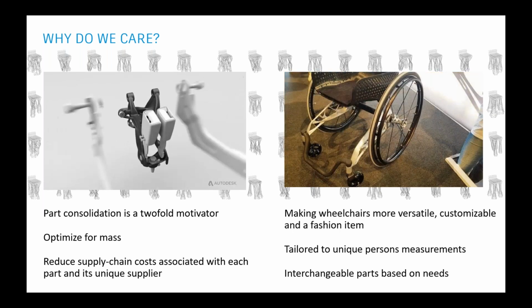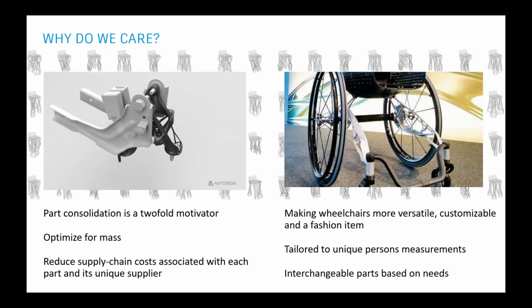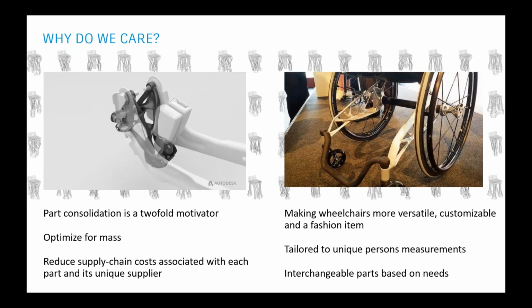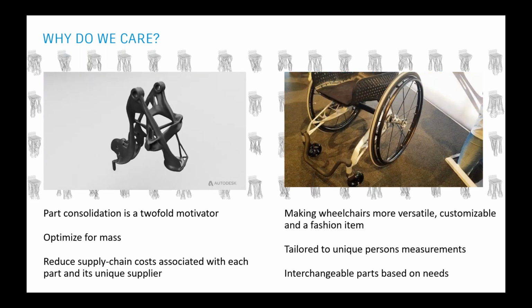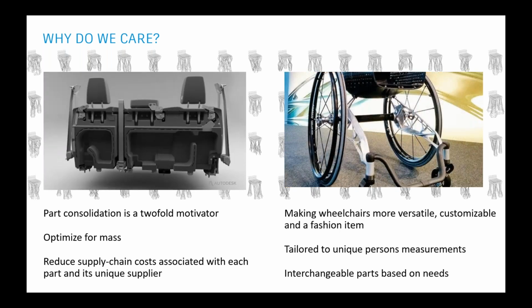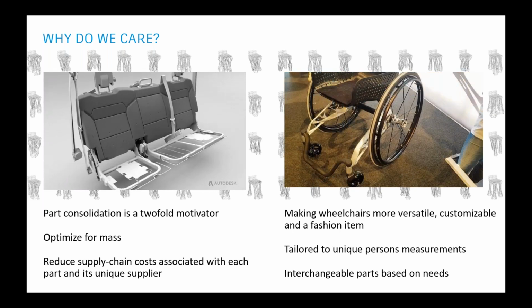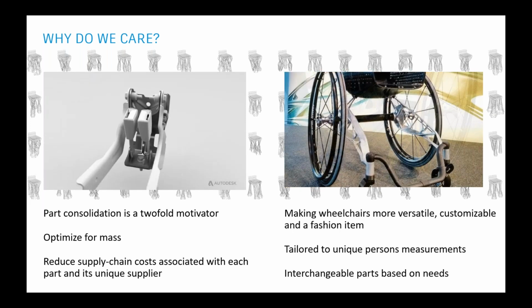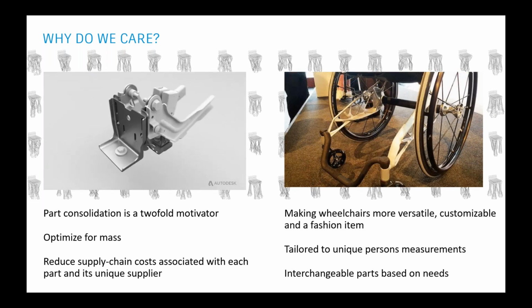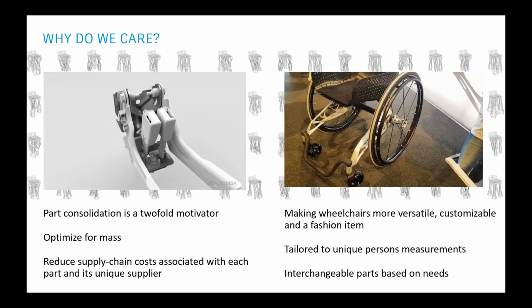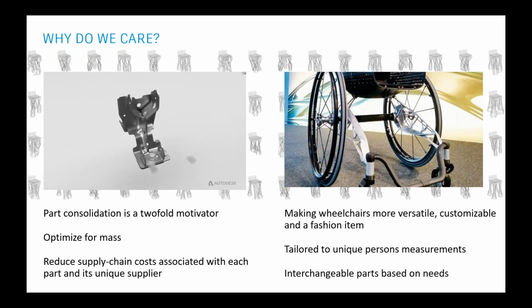Let's take a look at the one on the right-hand side. This is a company called Disrupt Disability, and they are working on making wheelchairs more versatile, making them customizable, and also making them, to a degree, a fashion item, kind of unique, as opposed to the same design we have seen for so many years.